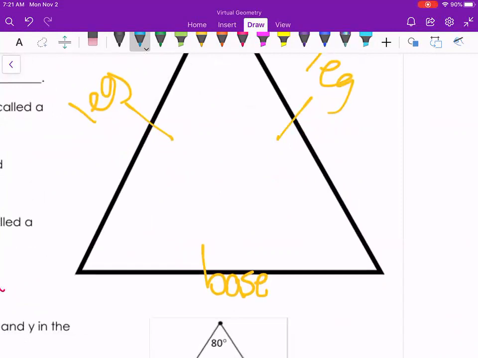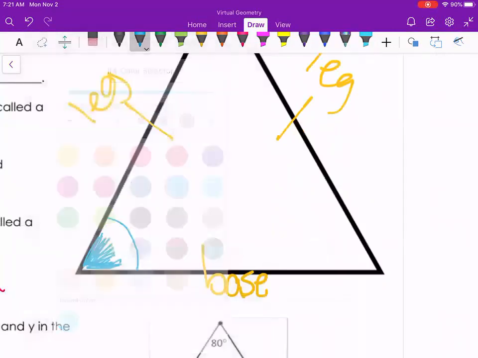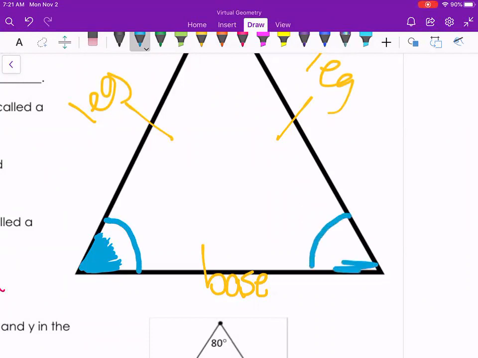Because of the name base, your base angles are the two angles that the base is connected to. Make this just a little darker. Those are the two angles that are on the base. Those are your base angles.